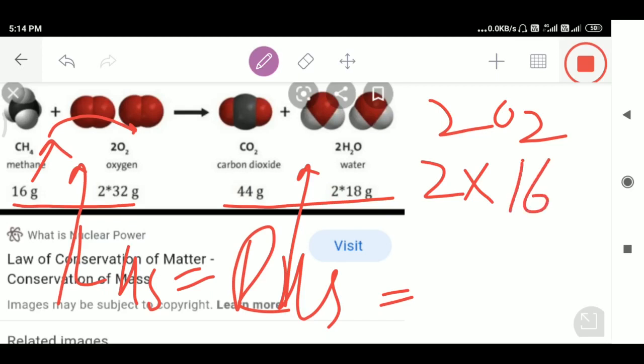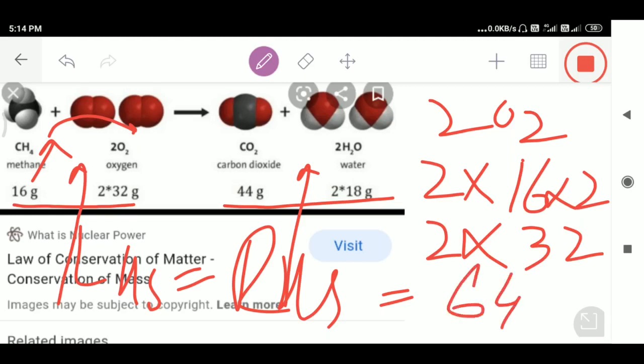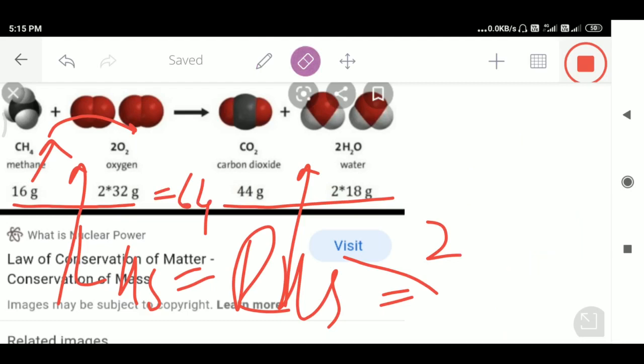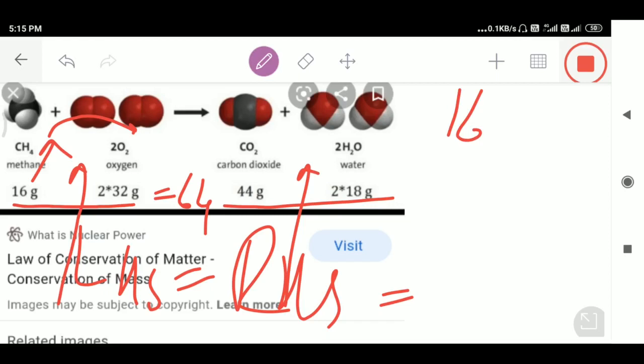So 2 into 16 is 32, and 2 into 32 equals 64. That is the 64. So whenever there is a reaction between methane plus oxygen, the mass of the reactants is equal to 16 plus 64, that's 80 grams.